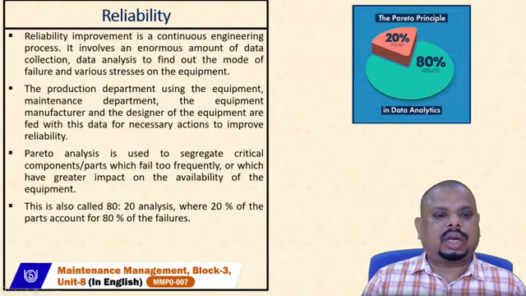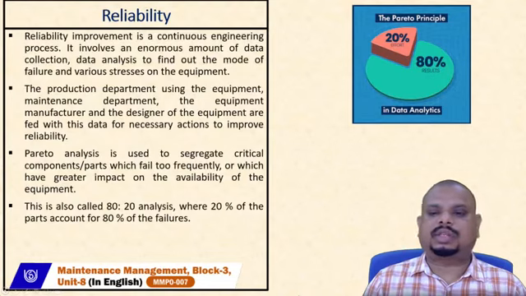The next is how reliability is implemented. We basically use Pareto analysis for segregation of critical components, parts which fail too frequently and have a greater impact on the availability of the equipment. That means we are using 80-20 analysis, where 20% of the parts account for 80% of failures.